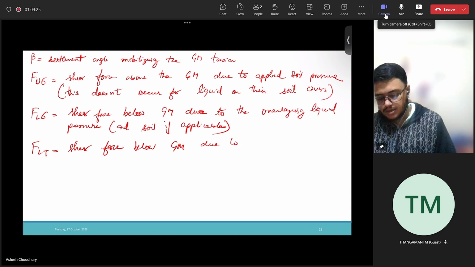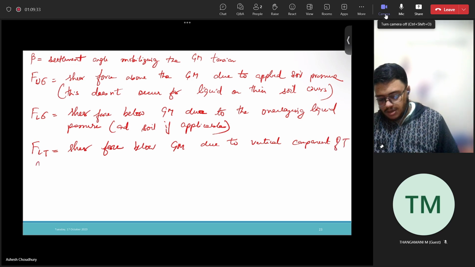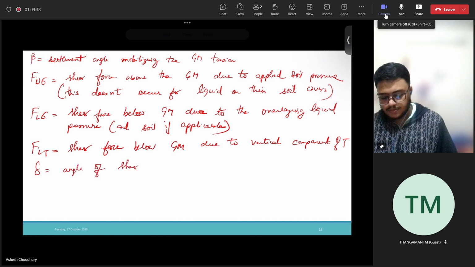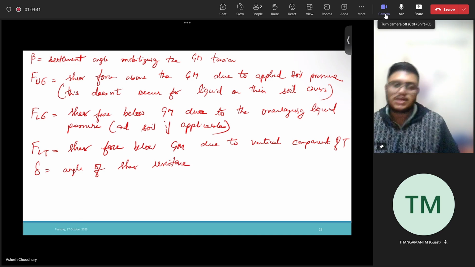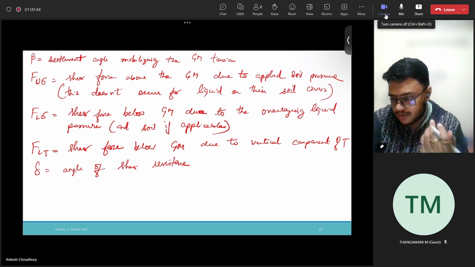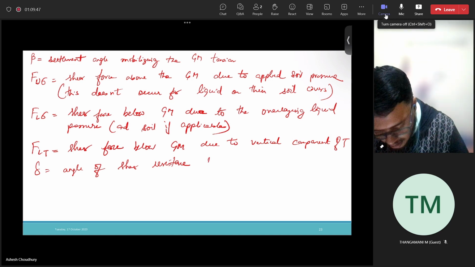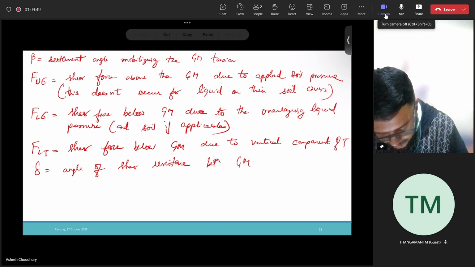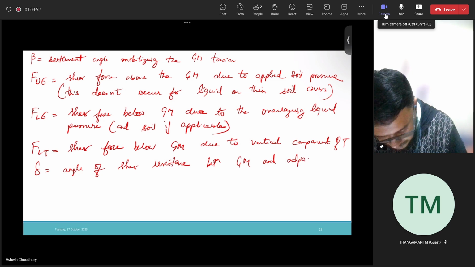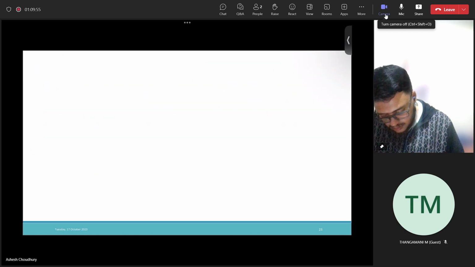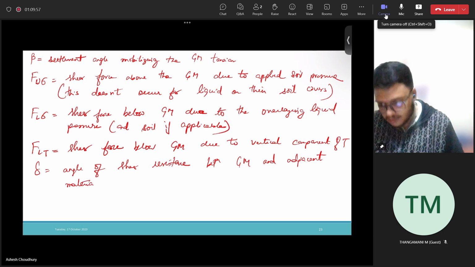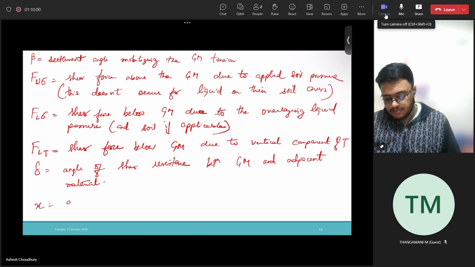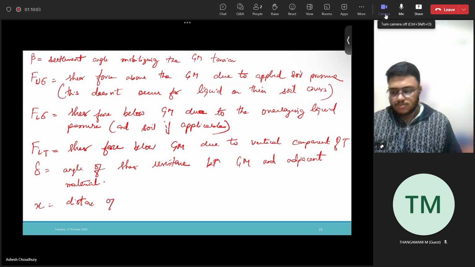Membrane due to vertical component of T. Delta, all the deltas are angle of shearing resistance, resistance between soil and geomembrane, geomembrane to geomembrane, between geomembrane and soil.